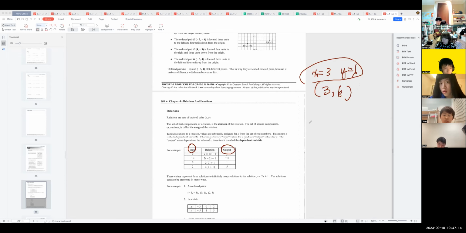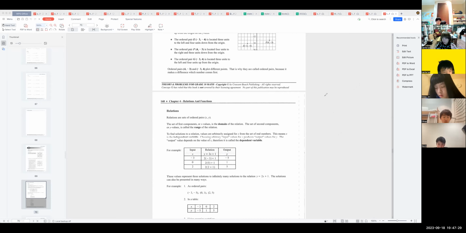If you're learning computer science, you know that x is the original data and y is based on the original data, you get that data. So that's why we say because x equals 3, then y equals 6. Understand? But of course, if you know the value of y, you can also go back to find the actual value, but we just say that. So for instance, let's see, y equals 2x plus 1. This is called what? This is called a relation. Or later on, we know it is a function.